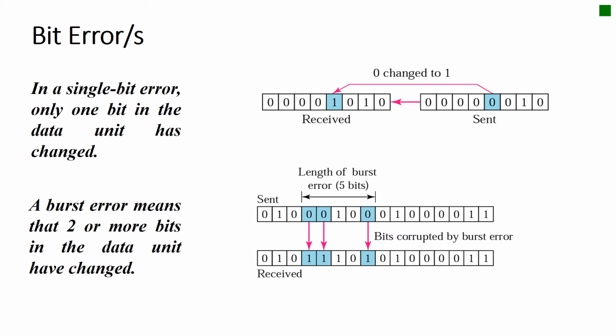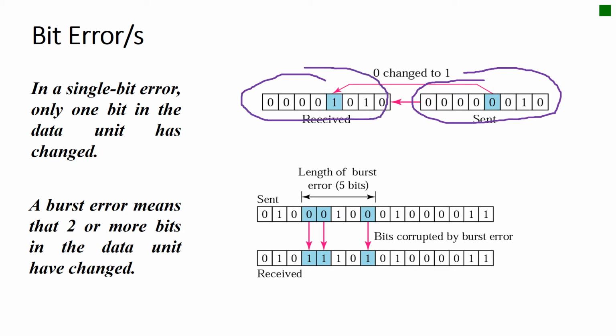If you are sending the data 0, 0, 0, 0, 0, 0, 1, 0, and then at the receiver, you received 0, 0, 0, 0, 1, 0, 1, 0.